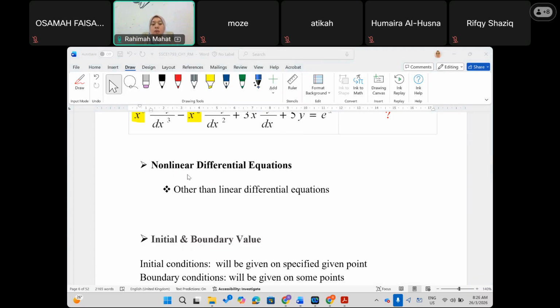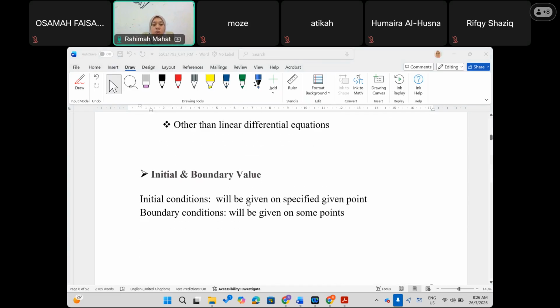Non-linear means other than linear differential equation. By knowing the information about linear and non-linear, we can solve the initial and boundary condition. So what is initial condition? Initial condition means that it will be given on a specific point.